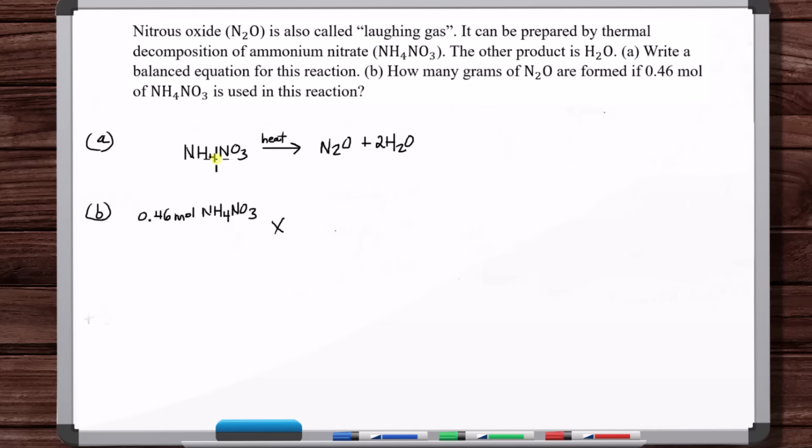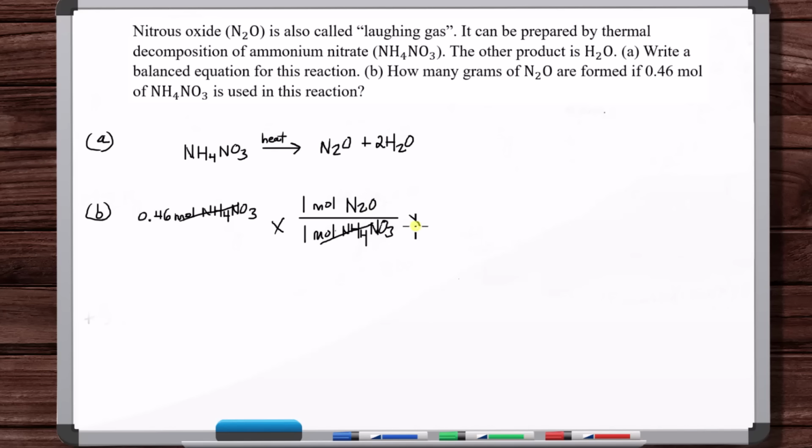Now we're in moles, so we can say that for every 1 mole of NH4NO3 consumed, we've got 1 mole of N2O produced.